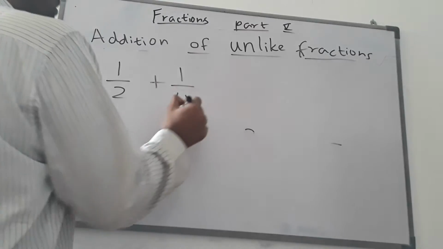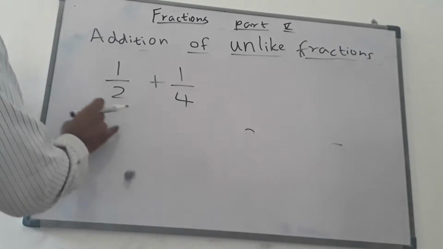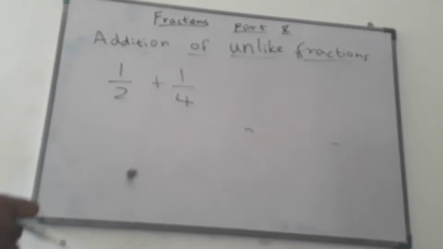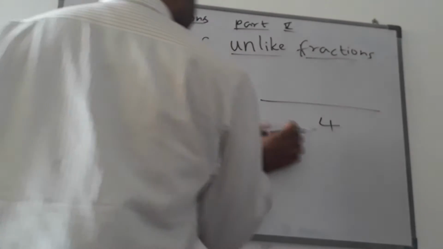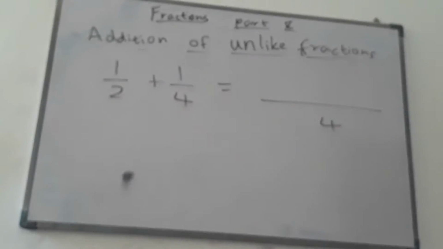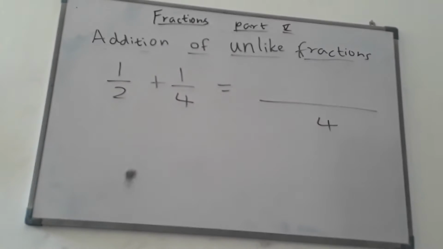Like in the previous case, 4 is the common denominator. Why? 4 is a multiple of 2, or 2 is a factor of 4. Now we have to find how many 2's are there in 4. 2 times what is 4? 2 2's are there in 4.